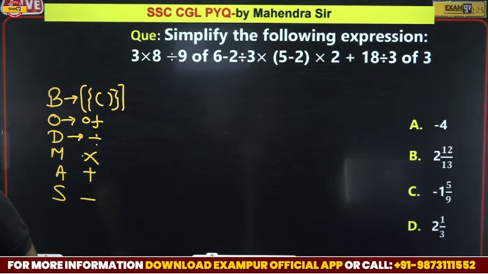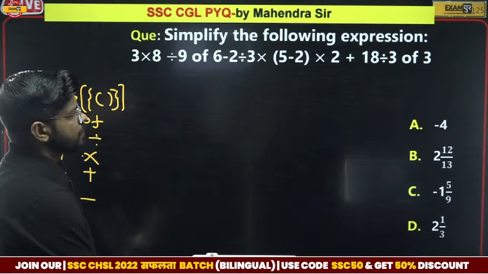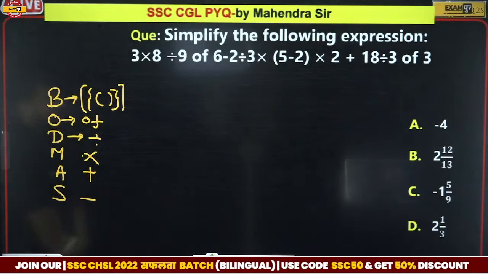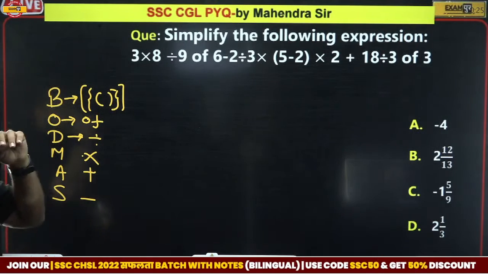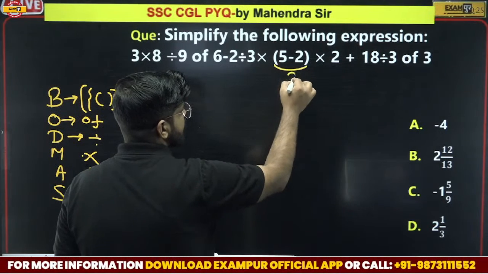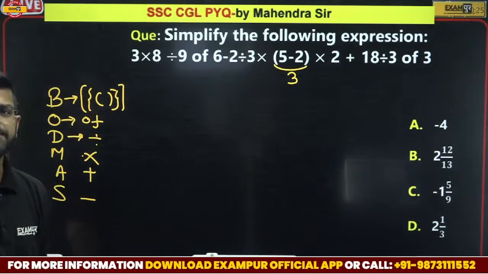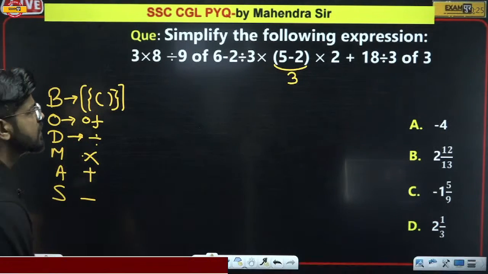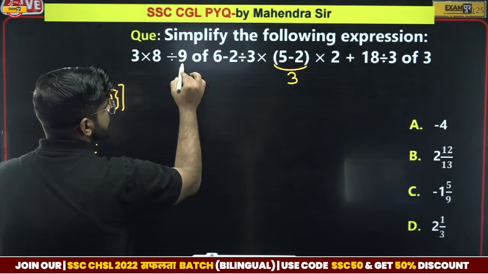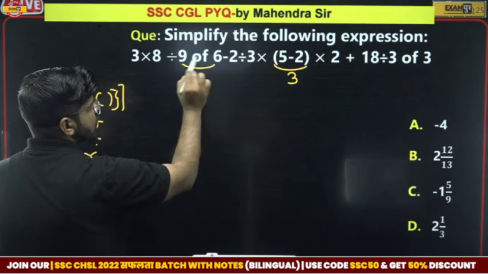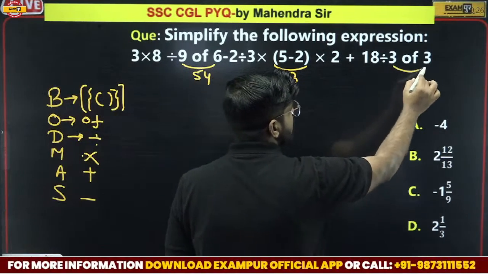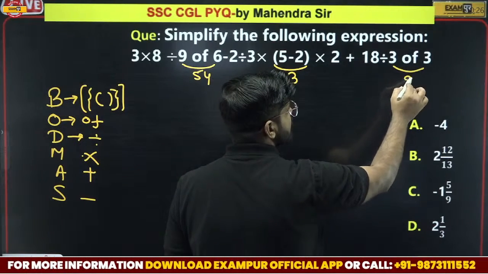Okay, so I told you that we have to first solve the bracket. After solving this bracket, we are getting 3. Then you have to solve off. So here we have 9 6s are 54, and here we have 3 3s are 9.